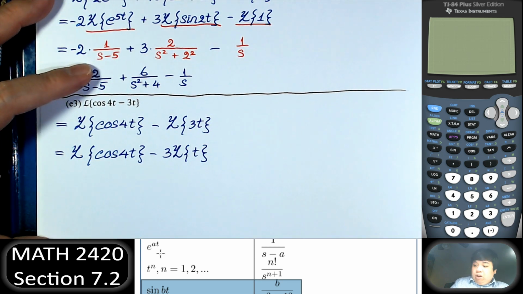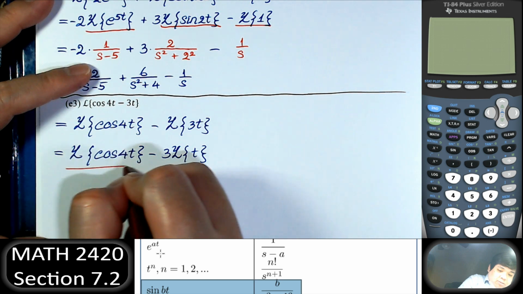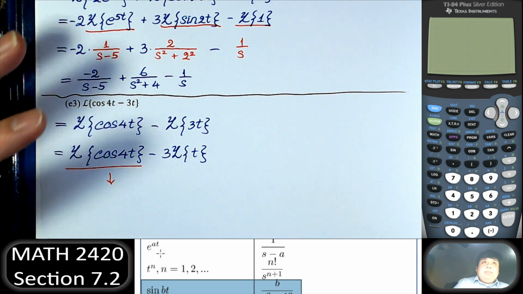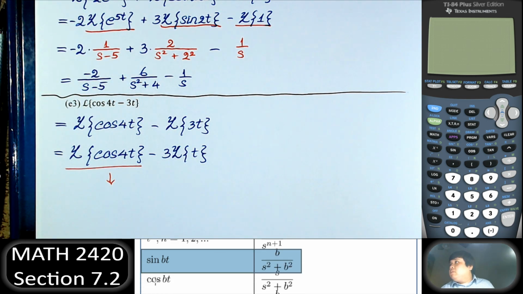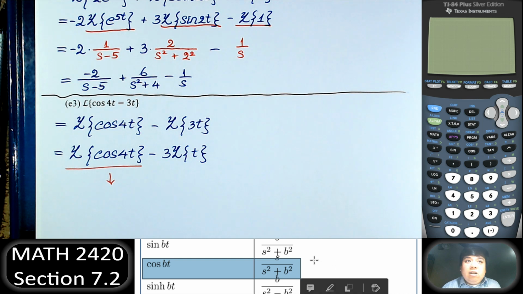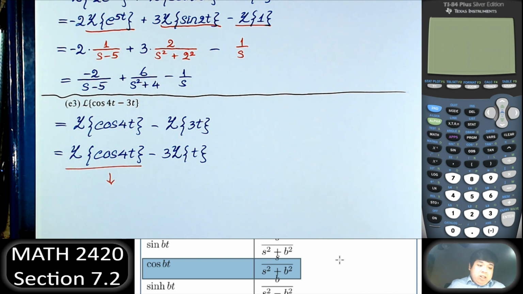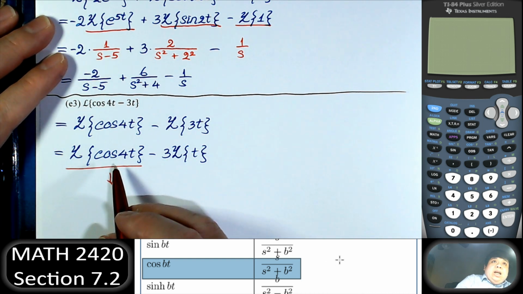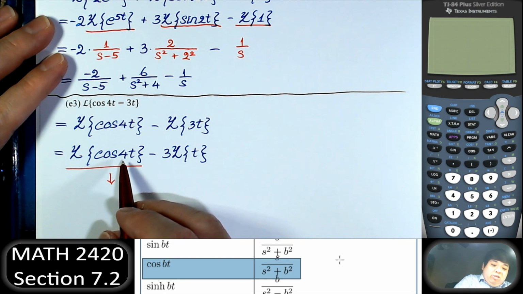Now let's find the transform of cosine of something. It's going to be s over s squared plus b squared. So in this case, b is going to be 4.